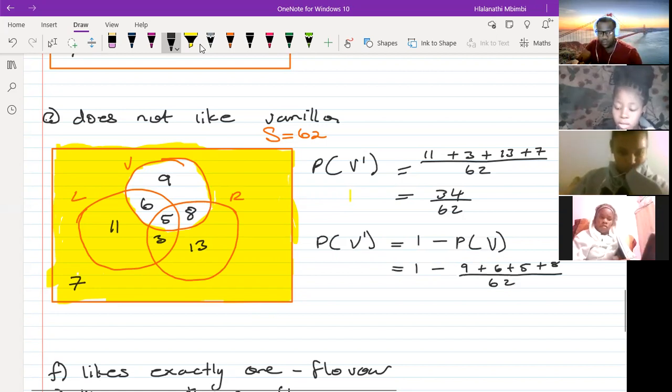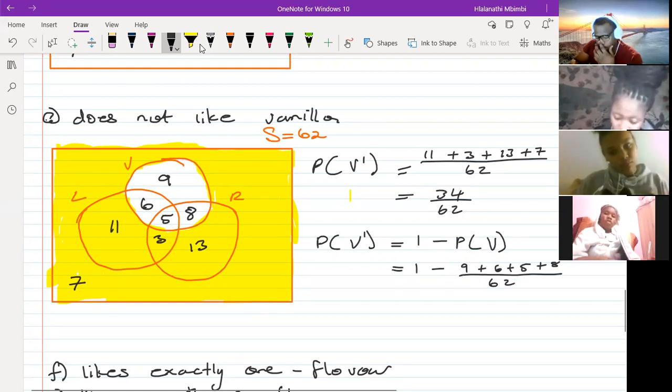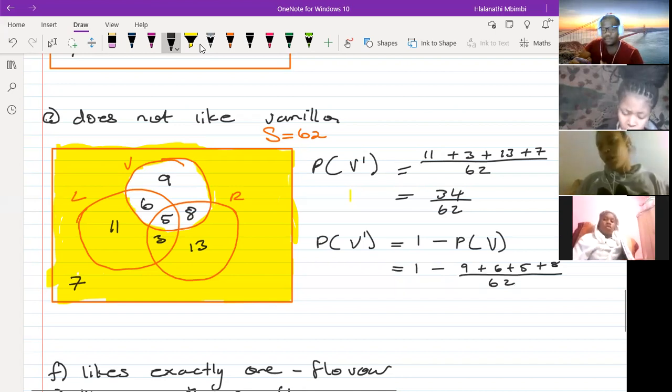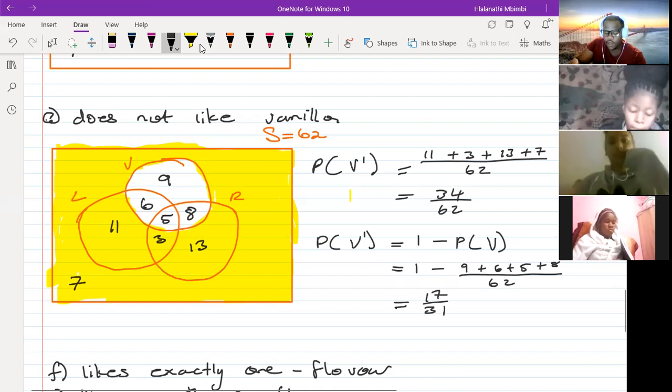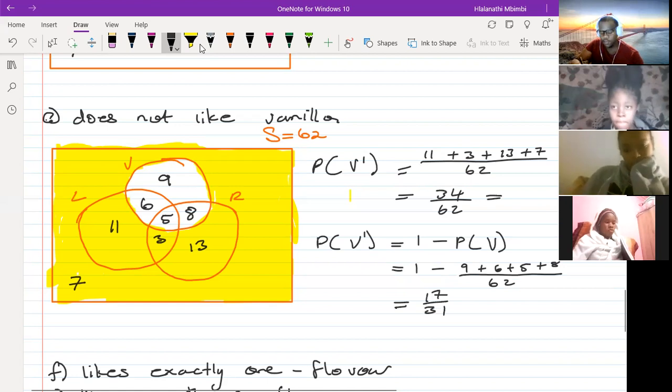It's 28 plus. Am I making a mistake here? This is 17 over 31 to me. Not sure if you guys are getting something different.